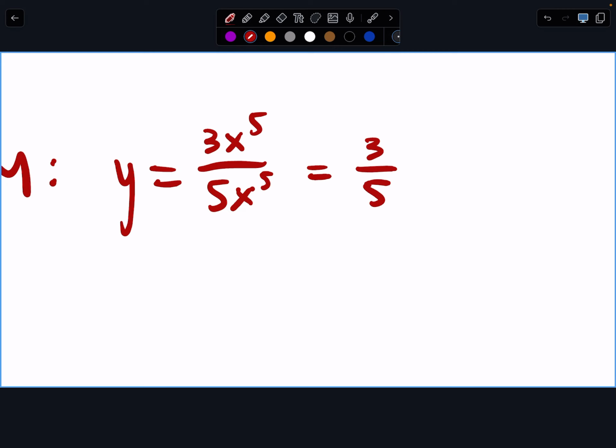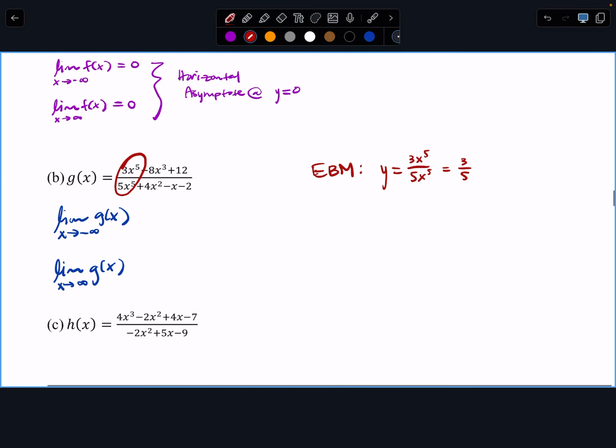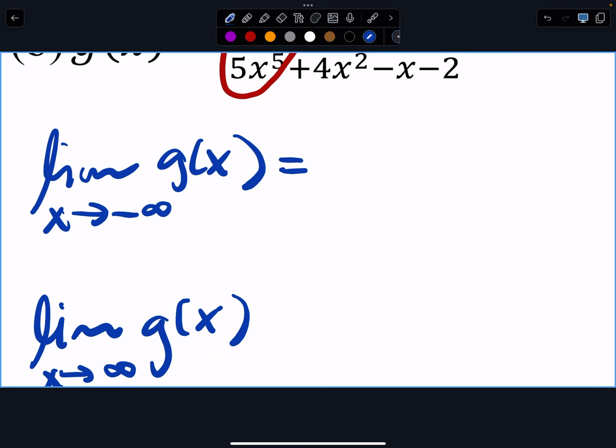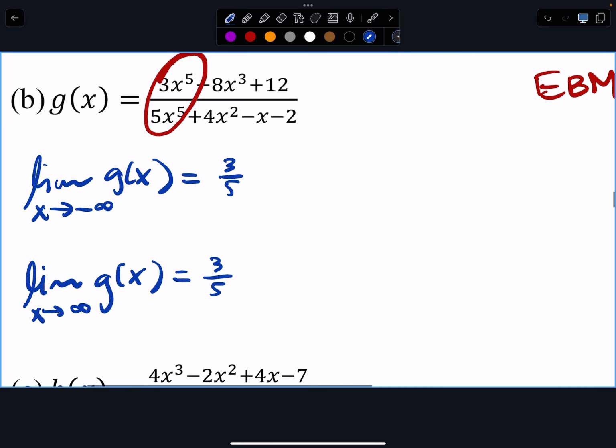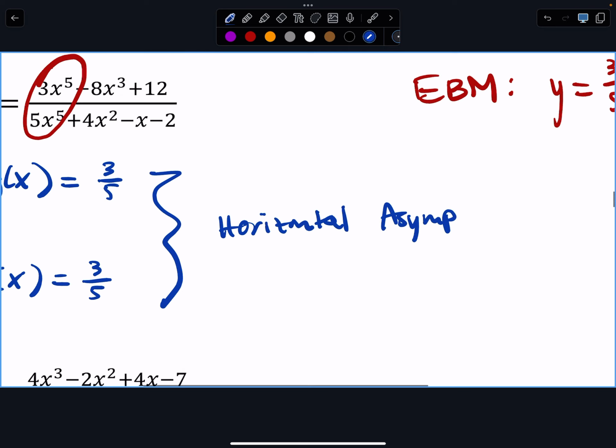What's the graph of y equals 3/5 look like? What type of line? Horizontal. A horizontal line. So g of x has the same end behavior as the horizontal line y equals 3/5, which means g of x approaches 3/5 as x gets infinitely large or infinitely small, and also indicates that there's a horizontal asymptote at y equals 3/5.